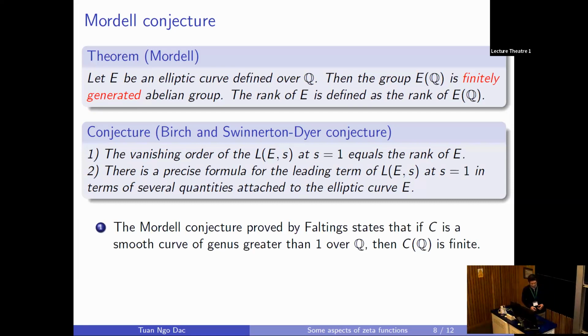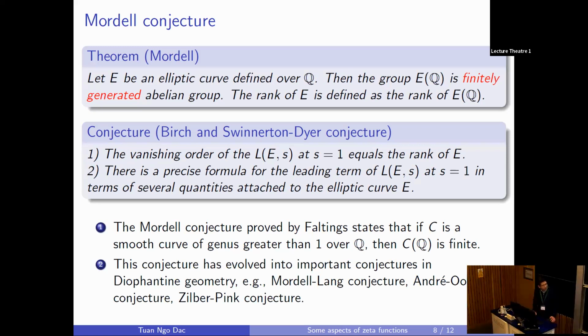So then people can ask what happens if we look at any curve of genus greater than 1. This is the original Mordell conjecture, proved finally by Faltings, which states that if you take C to be any smooth curve of genus greater than 1, then C(Q) is finite.